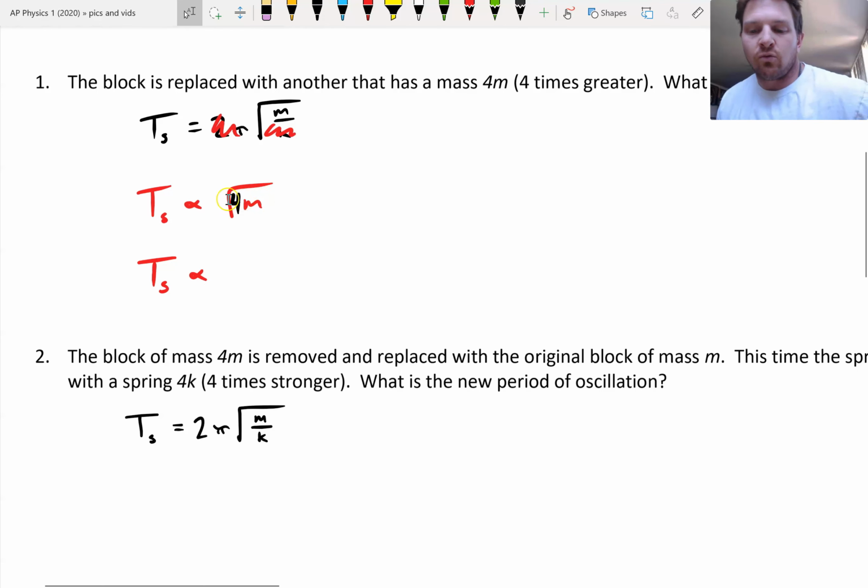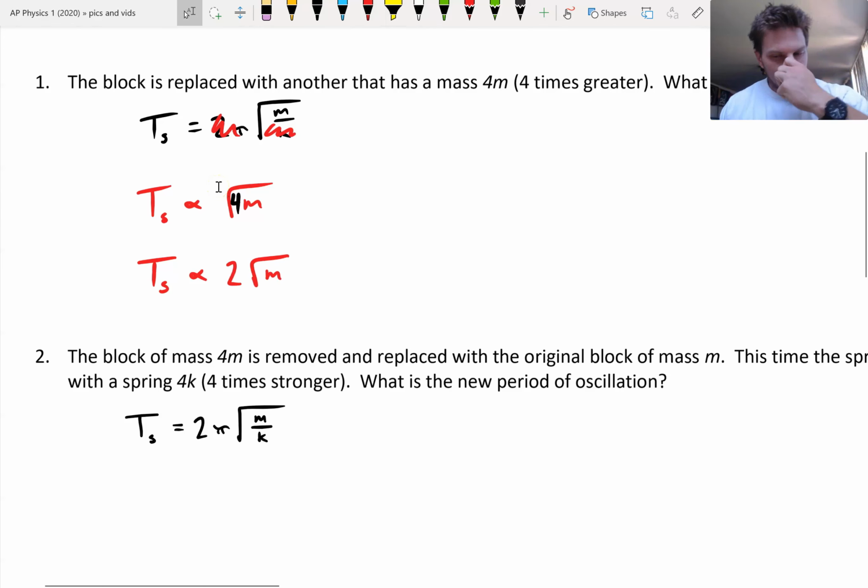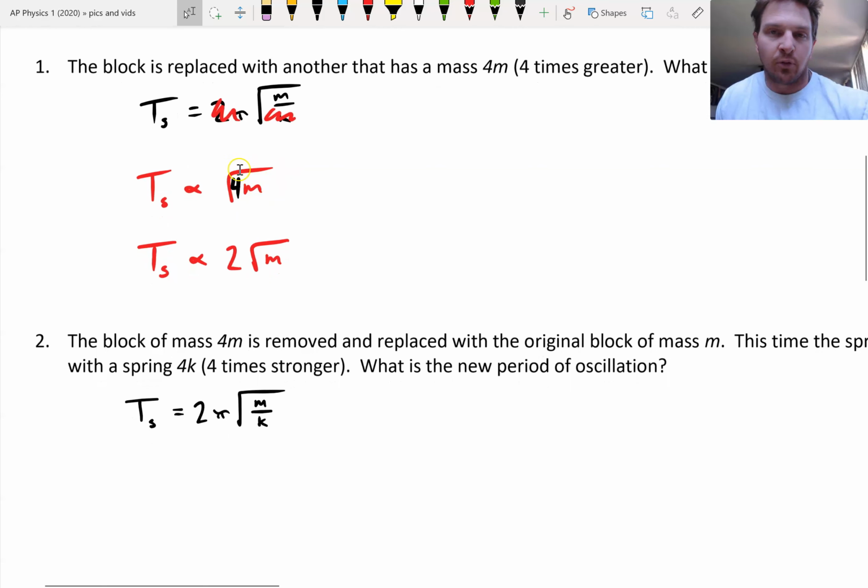right? This radical 4 in here, the square root of 4 is 2, so a 2 comes out front. Still can't really do anything to that. So this whole side of the proportionality got doubled. And because they're proportional, whenever one thing over here doubles, over here also has to double.